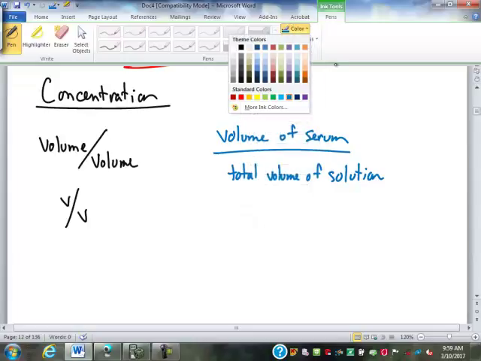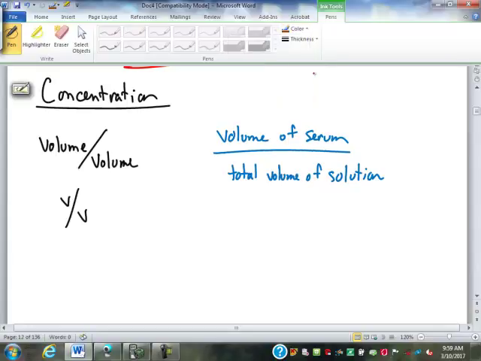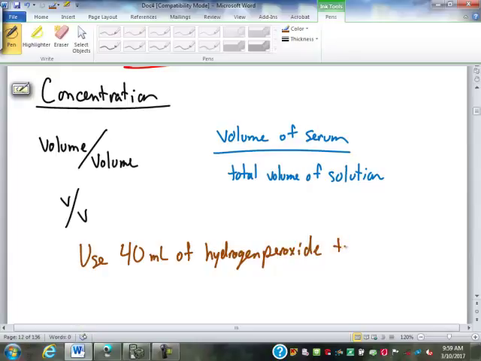So let's say we use 40 milliliters of pure hydrogen peroxide to create 600 milliliters of solution.